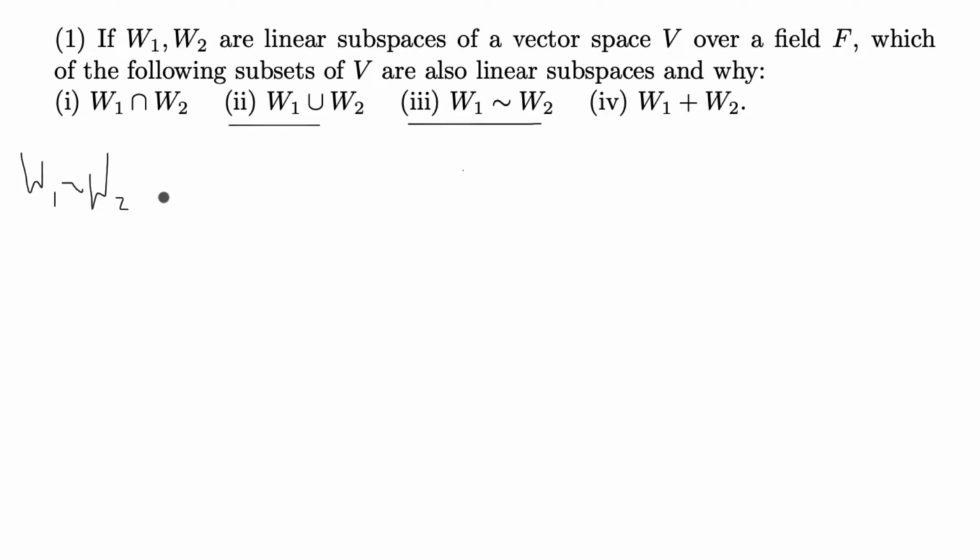Let's suppose W1 equals V and W2 is some one-dimensional subspace. In particular, you might think about R2 except for some line, where W1 is R2 and W2 is the line going through the origin. We see that W1 except for W2 is not a linear subspace because, let's choose a vector V in this space W1 except for W2.